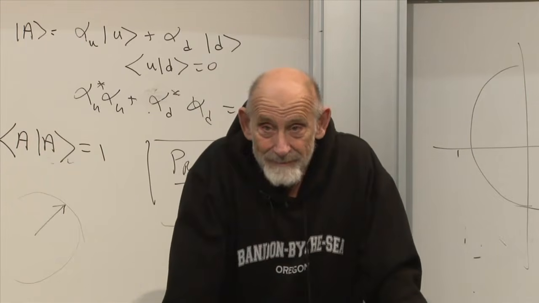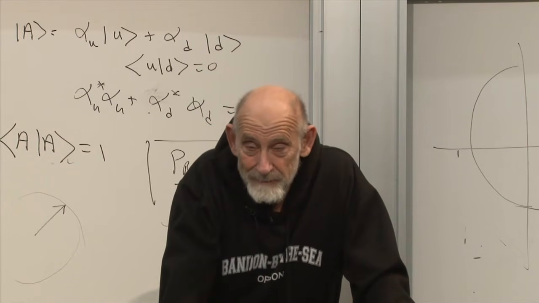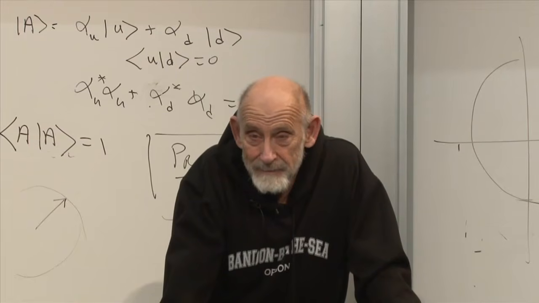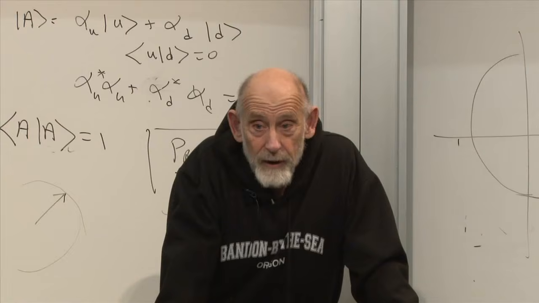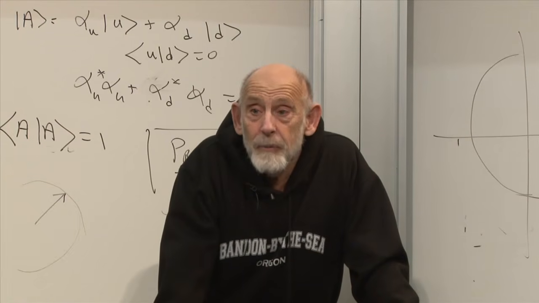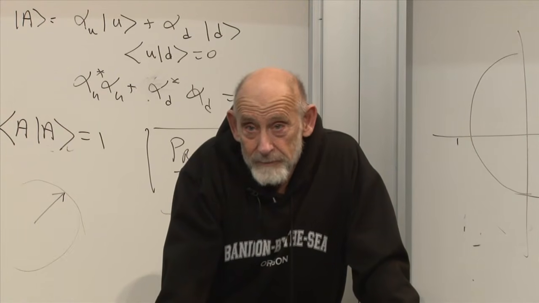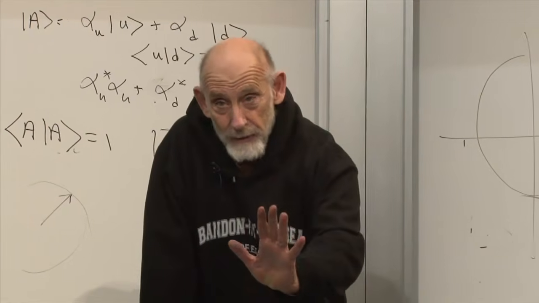I often think of 2 orthogonal axes as being 2 independent variables that you could vary independently. Yes, that's right. So here you can vary independently the probability for up and down. Of course, they have to add up to 1.